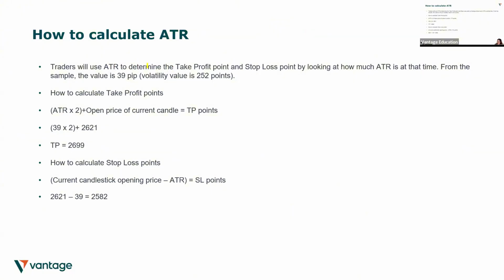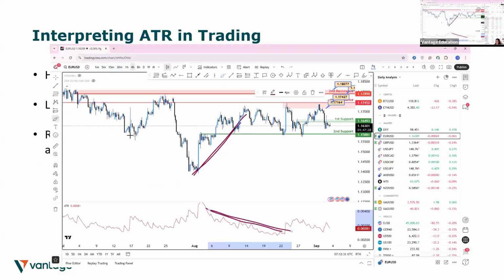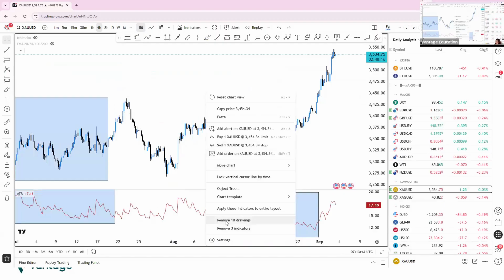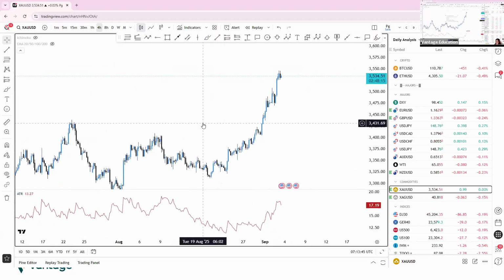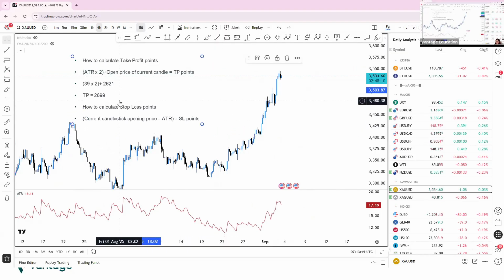For example, I'm going to use gold, just to keep it simple. I have two methods for you to use the ATR.